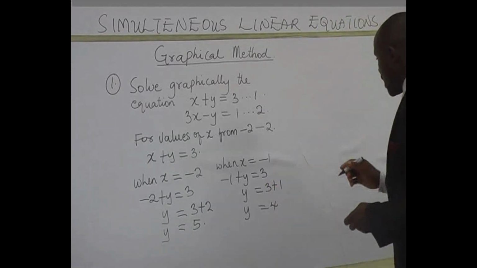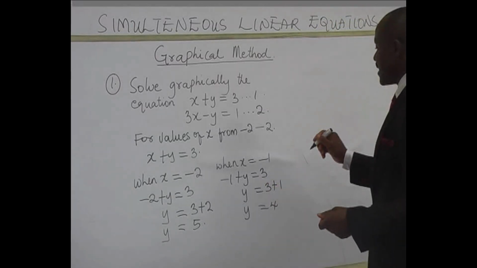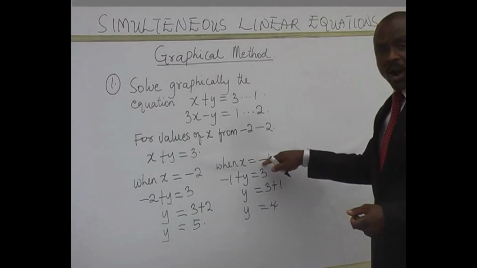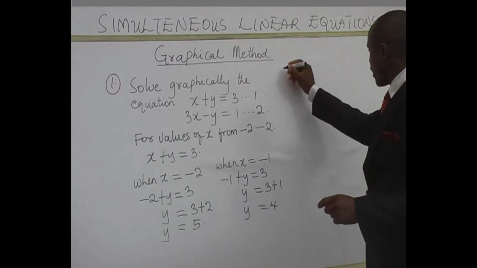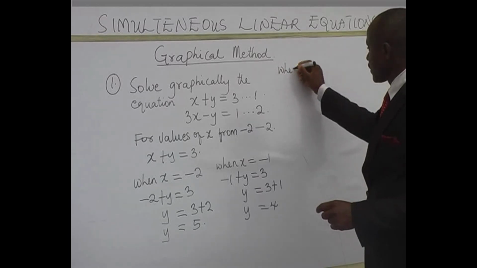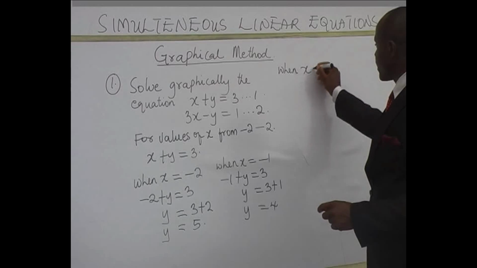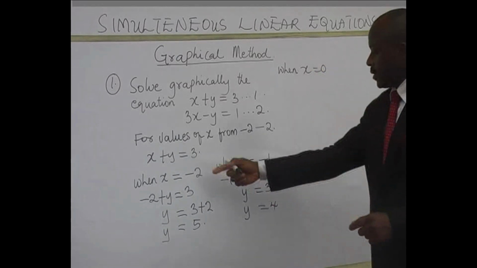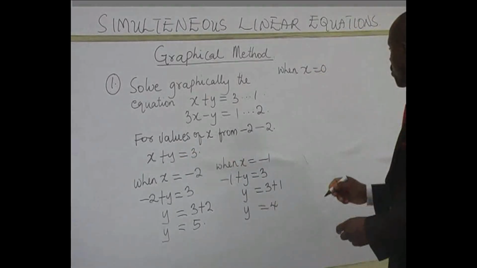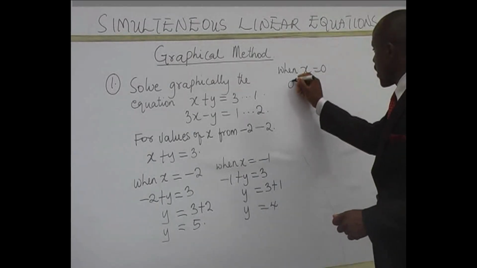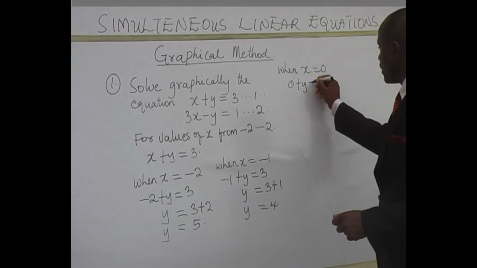The next value is when x is 0. After -1, the next number is 0. So when x is equal to 0, from our equation, we have 0 plus y is equal to 3.